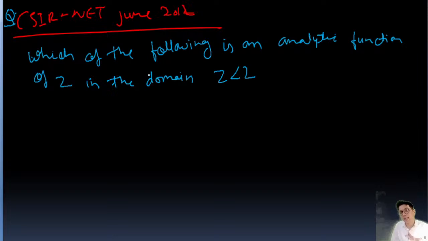So which of the following is an analytic function in the domain |z| less than or equal to 2?